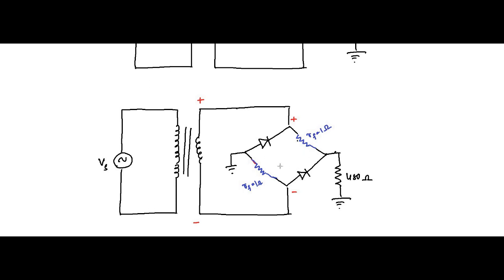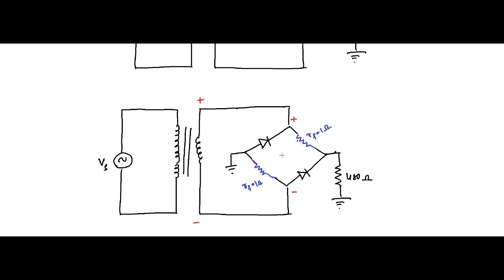To simplify the circuit, these two can be removed totally because they are open circuited. In this case the plus end is connected to the N and the minus is connected to the P type end.